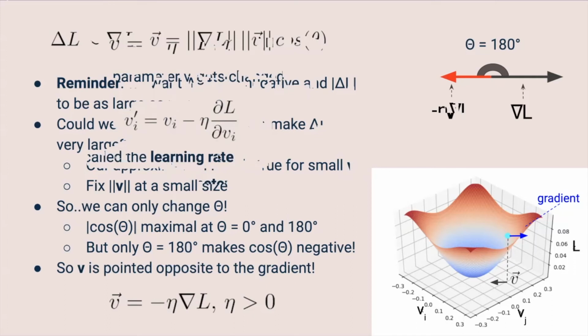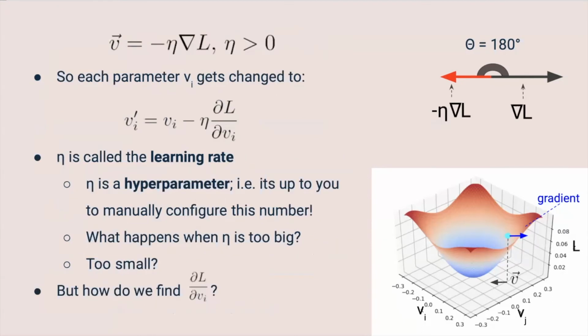The learning rate is usually what we call a hyperparameter, meaning that it's up to you to choose a good value for this. You can imagine that if your learning rate was very large, the magnitude of this would be very, very long, right? And for example here, you might overshoot if it's a little bit too long and completely miss the minimum. So that's why it takes a bit to find a good value of the learning rate for your problem.